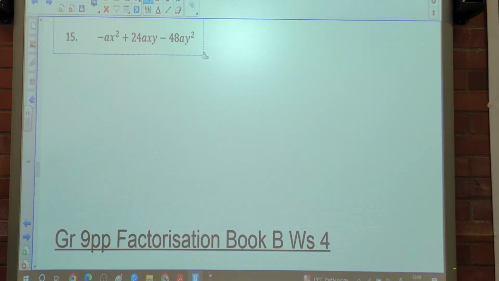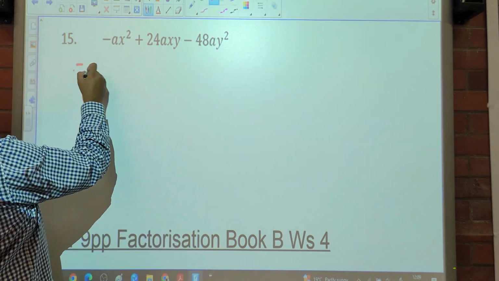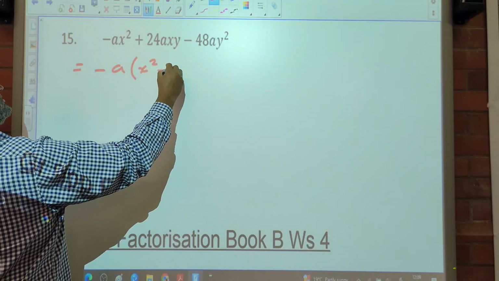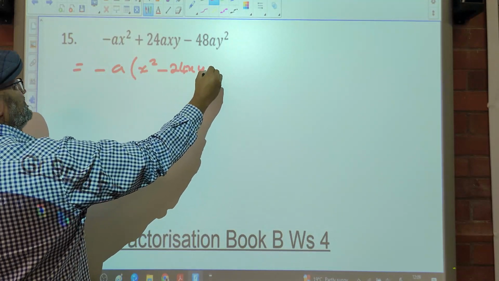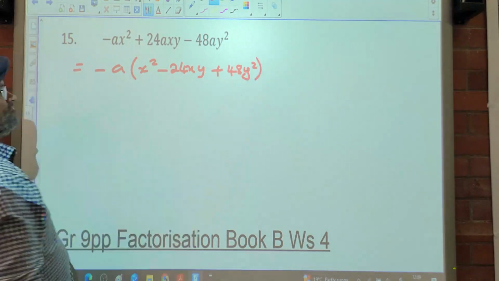So that's the next one, number 15. Hang on, the first term is negative, so you must take the negative out. What else is a common factor here? So negative a is the common factor. What are we left with? x squared minus 24xy plus 48y squared.